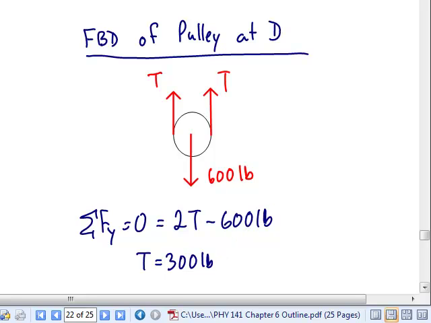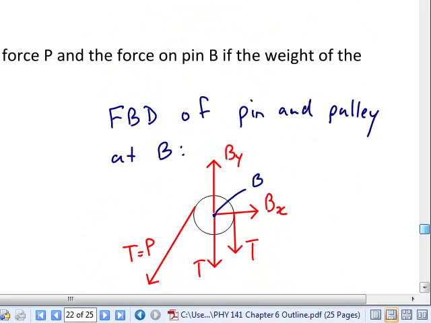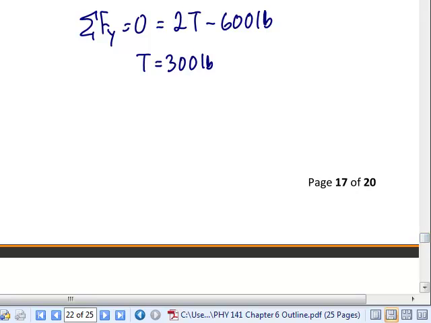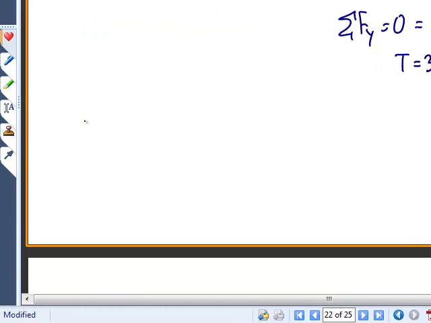So if T equals 300 pounds, then we can go up and solve for Bx, which is going to be 300 pounds, T sine 30 degrees, 150.